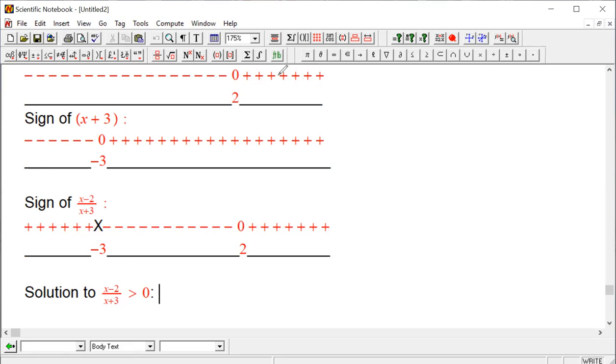These numbers are solutions, but x cannot equal negative 3, and these numbers are solutions. How do we describe those numbers? x less than negative 3, or x larger than 2. So those are the solutions.